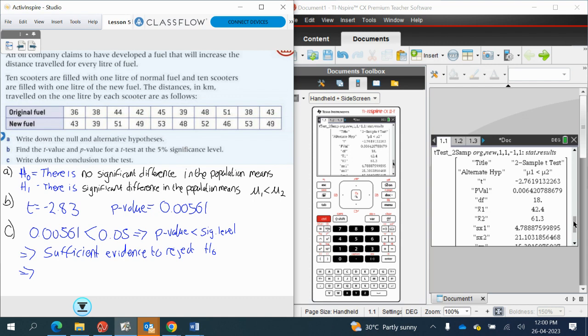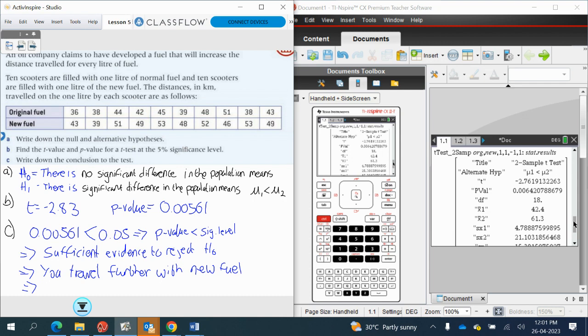The new fuel can increase the distance, or you can travel further with the new fuel. What does that mean? mu1 is less than mu2.